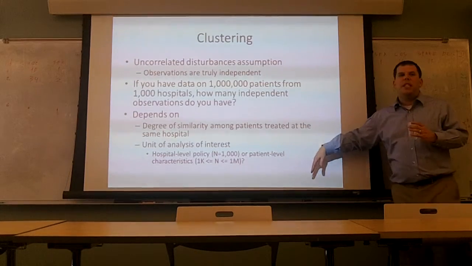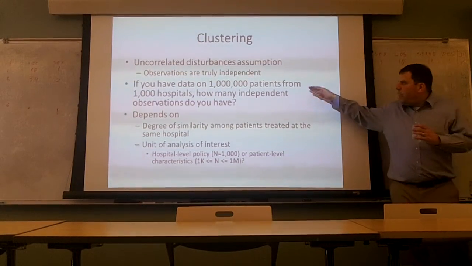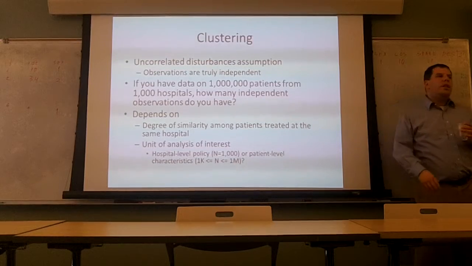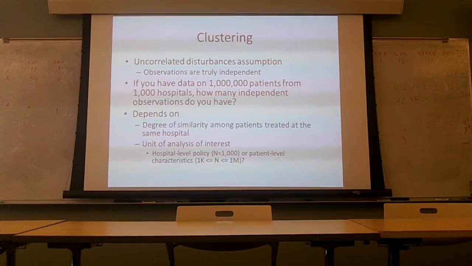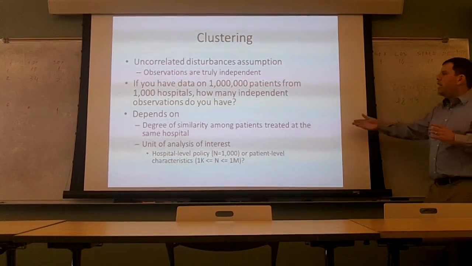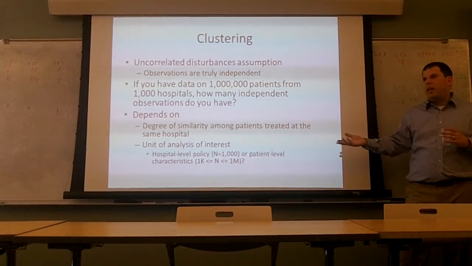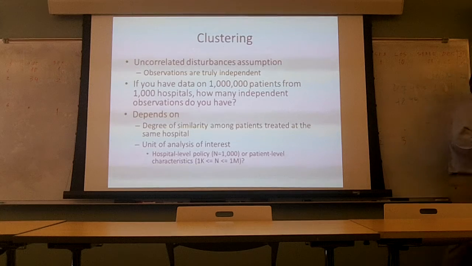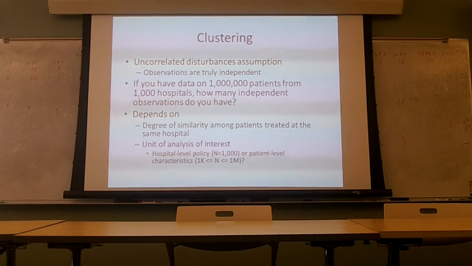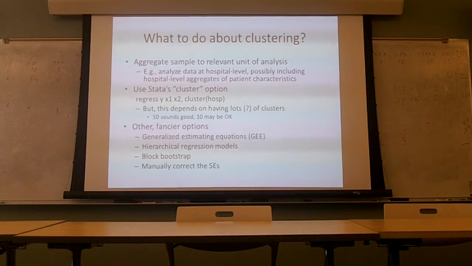Is it a story about patients? What are the things that you care about? That's going to influence what layers of clustering you care about. Is it patients in the state because of the state level policies and not hospital level policies? So that's going to affect what you actually want to do about clustering.